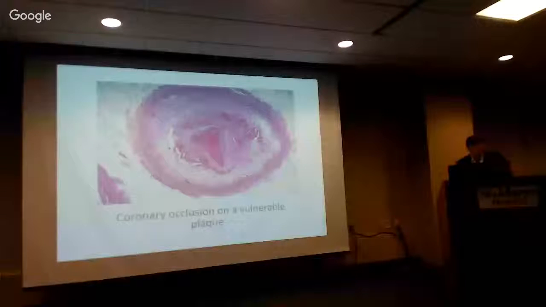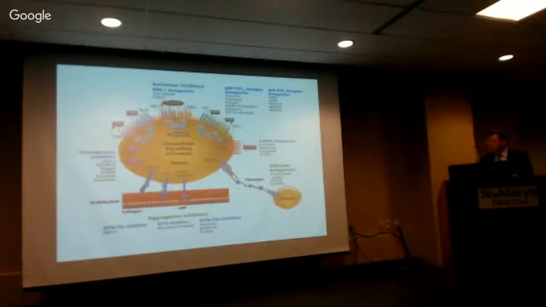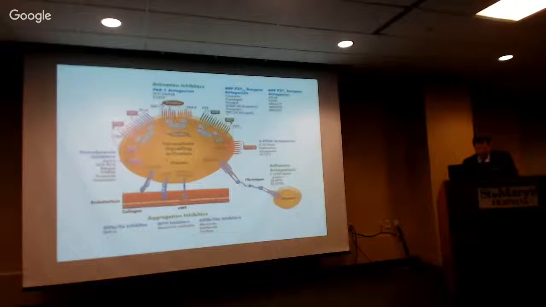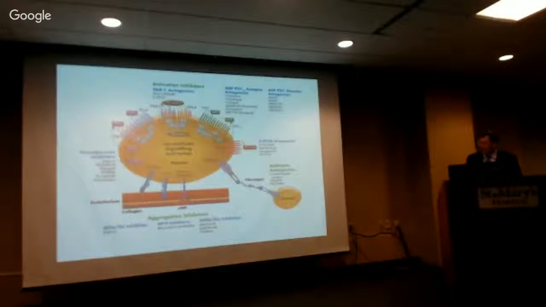Here's another cartoon of the platelet just showing the receptors, and we have drugs against all of these receptors. The one that everyone's most familiar with is aspirin, which irreversibly inhibits cyclooxygenase and prevents production of thromboxane A2. But we also have drugs that inhibit the PAR1 receptor, which is a thrombin receptor.